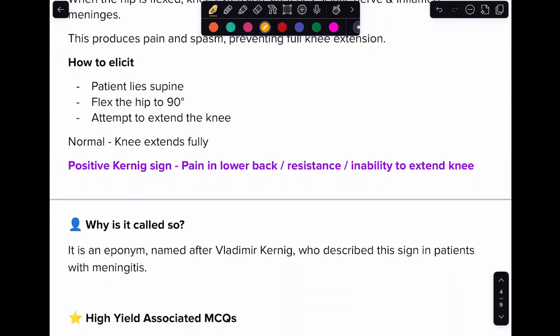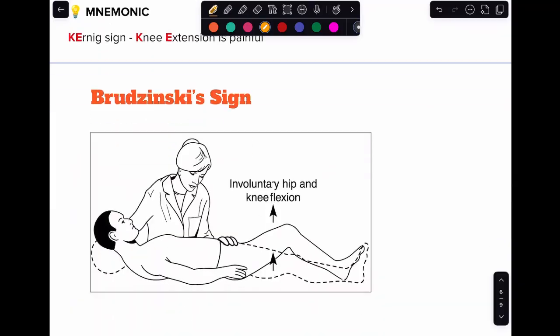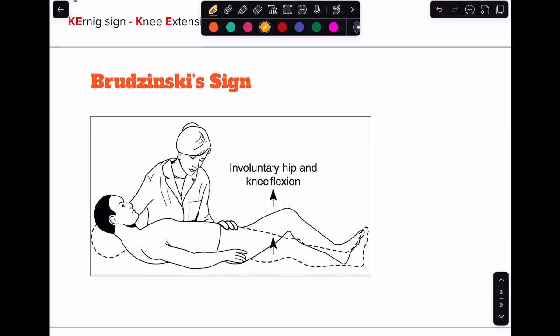Let's move on to our next sign, which is Brudzinski's sign. Let's talk about how we are going to elicit this. The patient will lie supine and the examiner will gently flex the neck forward. As you do this, the neck flexion will end up stretching out the meninges.